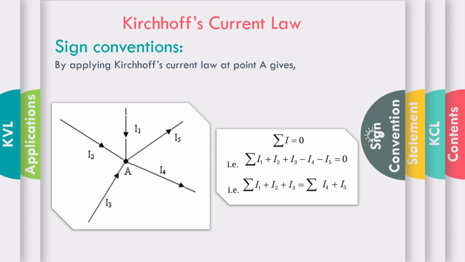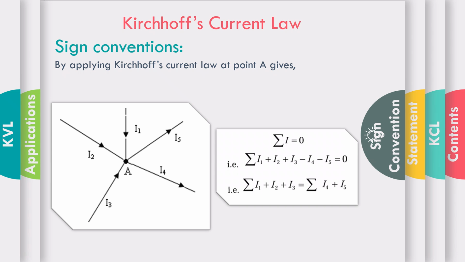That means the signs of I1, I2 and I3 are assumed positive, and the signs of I4 and I5 are considered negative. Here the mathematical equation is that the summation of all currents at a particular junction point is always equal to 0, that means summation of I is equal to 0.